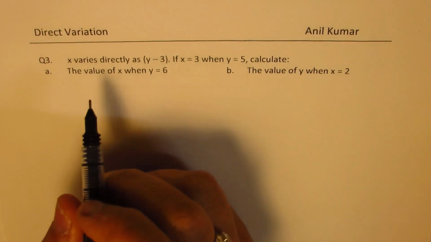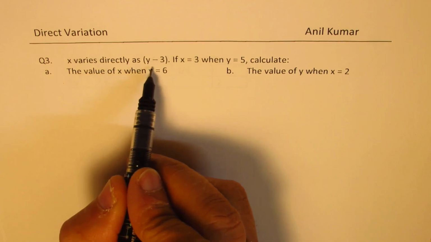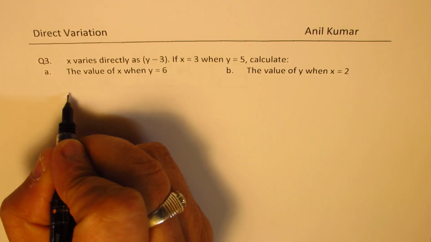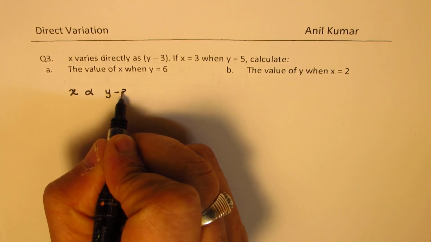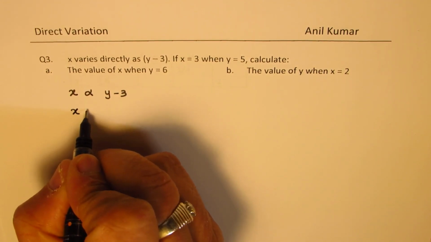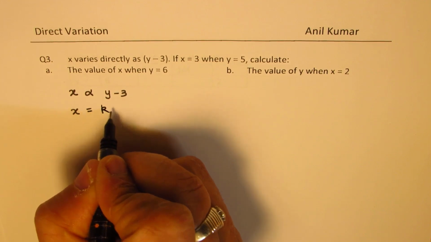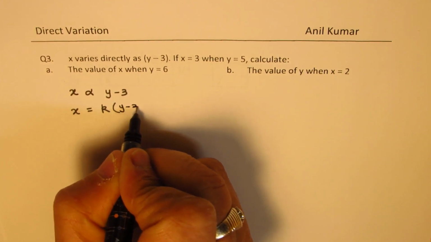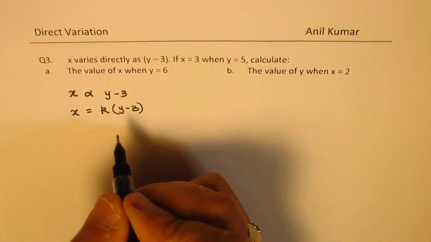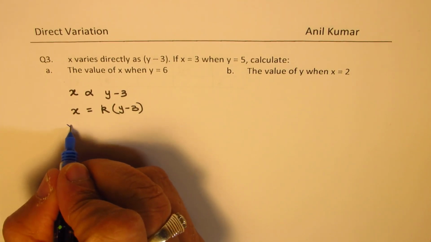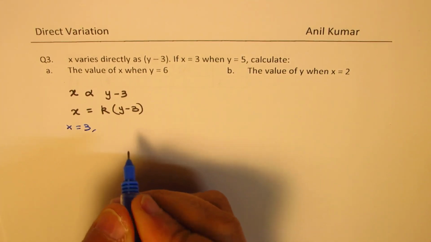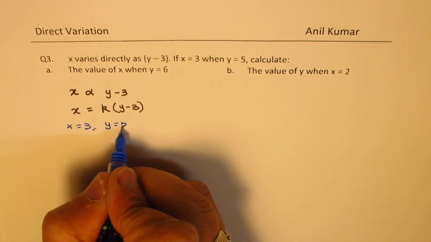So let's begin with the statement, x varies directly as y minus 3. So it means x is proportional to y minus 3, correct? We could write this as x is equal to some constant times y minus 3, clear? Now, as the first step, we need to find the value of k. To find this, we are given that x is equal to 3 when y is equal to 5.